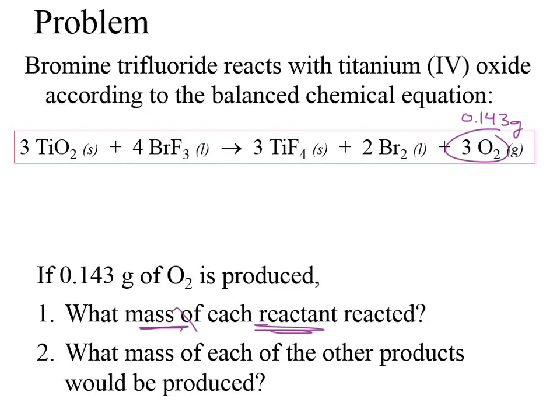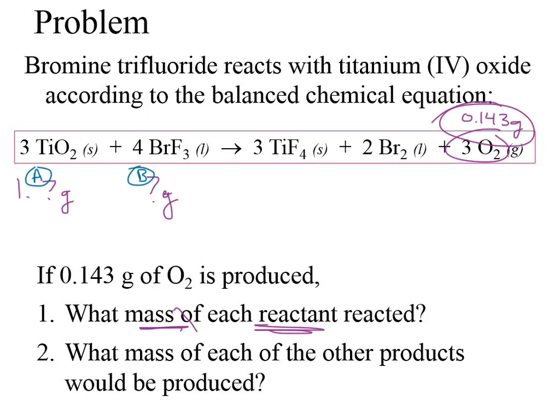So for problem number 1, basically your question mark grams of TiO2, question mark grams of BrF3 based upon that mass of the product. Okay, actually just to kind of make sure we're on the same page, we'll call that 1A. And we'll call the second one 1B.